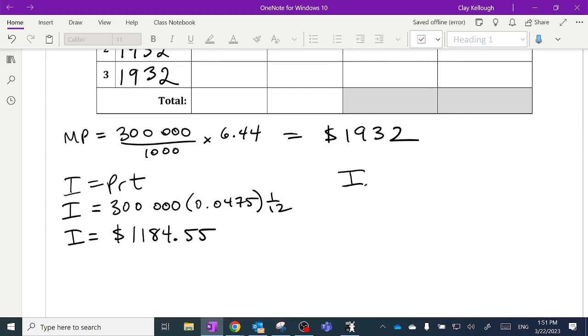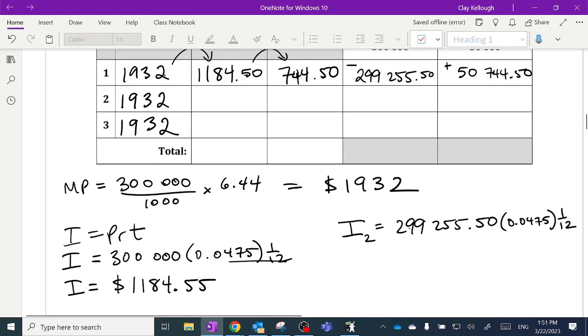So my interest for payment 2 is, and I've already forgotten that number, what was it again? It was 299,255.50, and then the other two things stay the same, times the same rate, times 1/12 of the year, and that gets me my second interest payment.